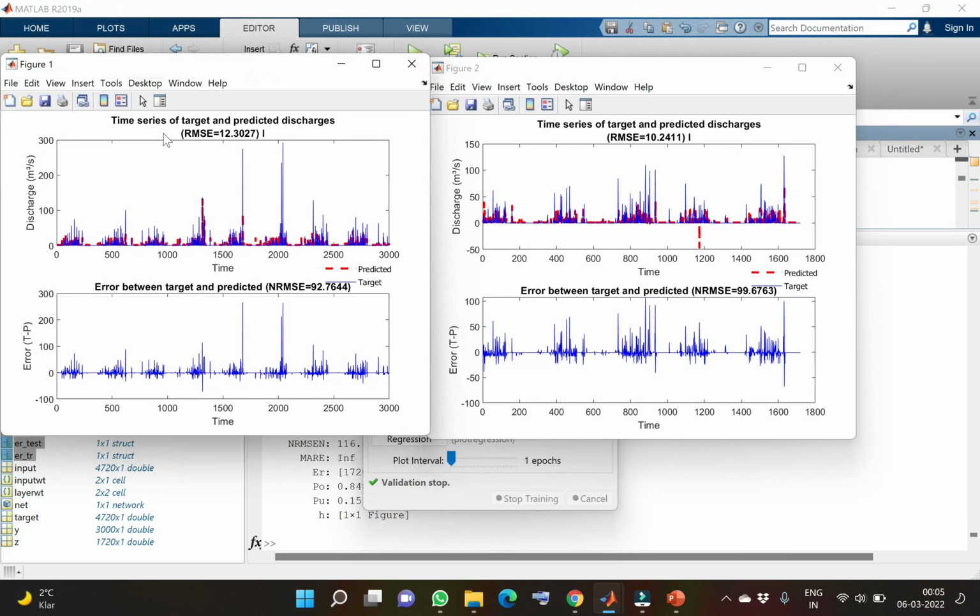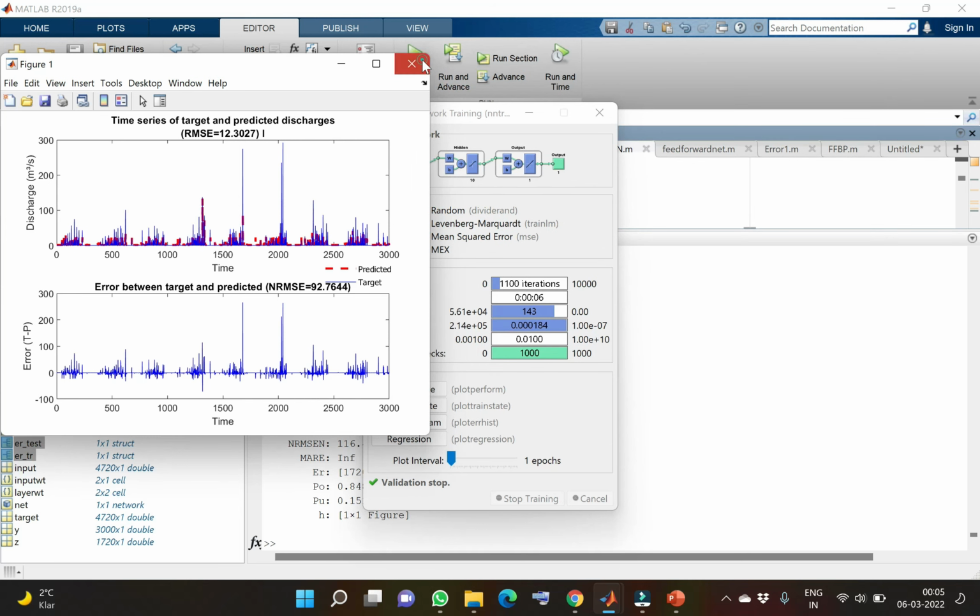The left one is for training, the right one is for testing, where blue values represented in the upper figures are observed and red values are the predicted values. You can see that RMSE is 12 in the training and 10 in testing.